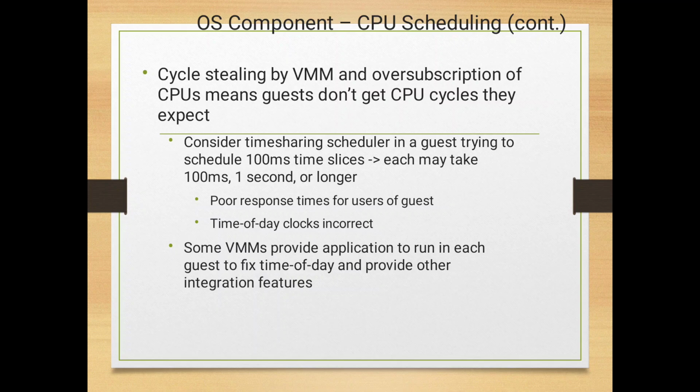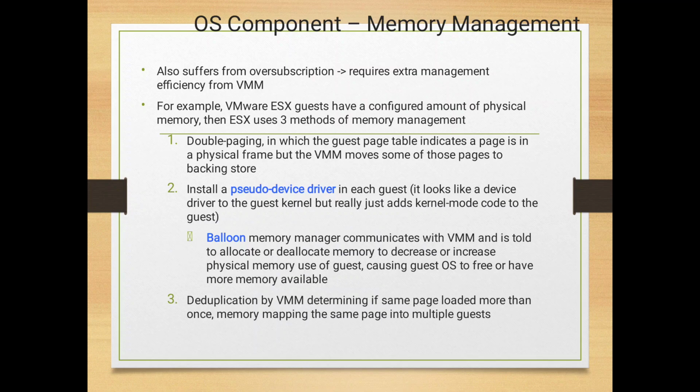So there are poor response times for the users of the guest, and the time-of-day clocks are incorrect. So some virtual machine managers provide applications to run in each guest to fix the time of day and provide other integration features.